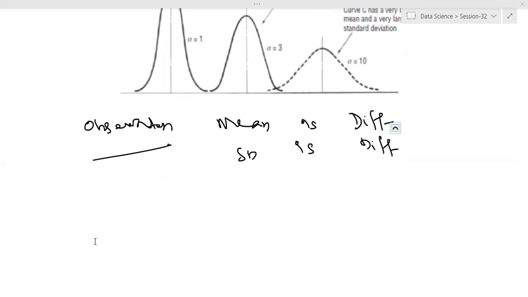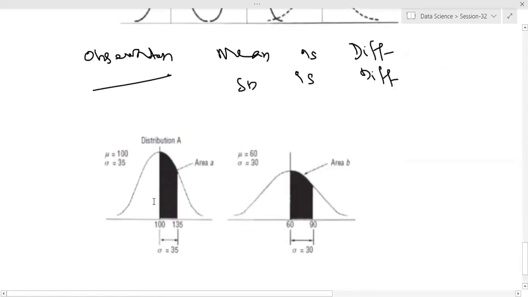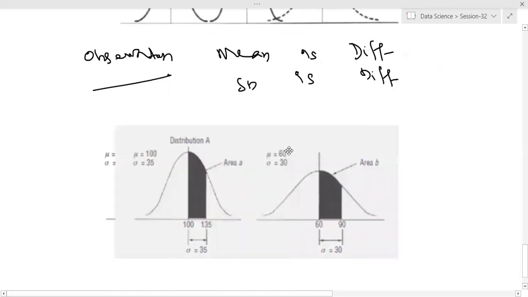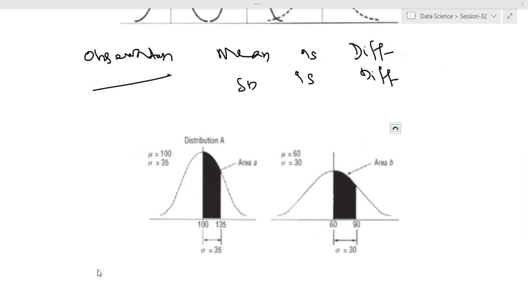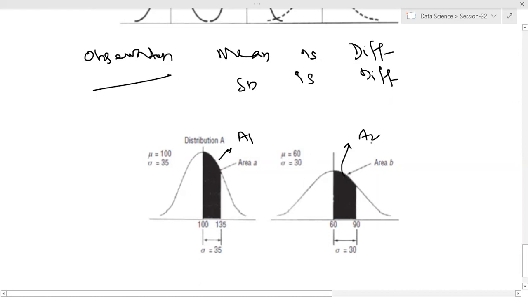We have seen some examples. Now I am asking you, don't be in a hurry to answer first. Just observe it. My question here is, friends, whether or not the below two distributions are equal. Below two distributions in the sense, this shaded area, area 1, and this area 2.